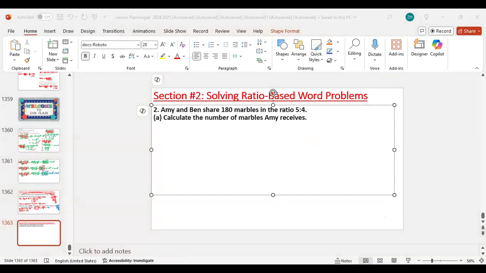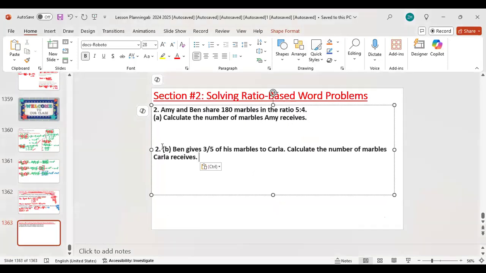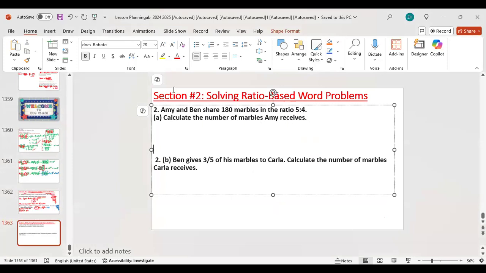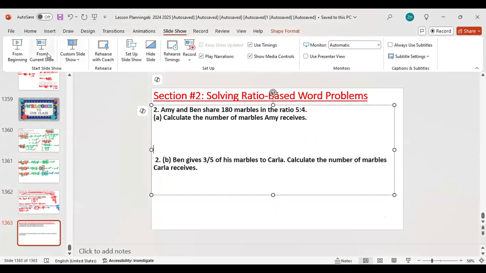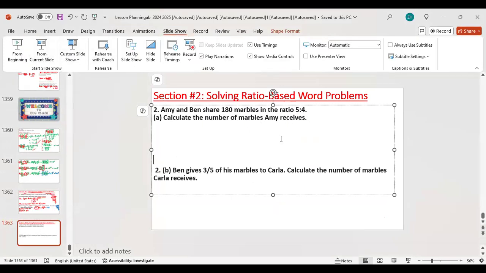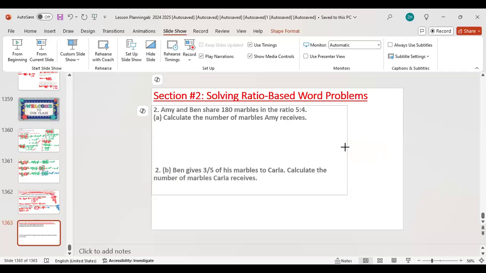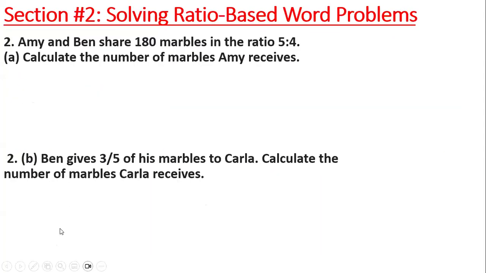And number 2B, Ben gives 3/5 of his marbles to Carla. Calculate the number of marbles Carla receives. So Amy and Ben share 180 marbles in the ratio 5:4. Calculate the number of marbles that Amy receives.